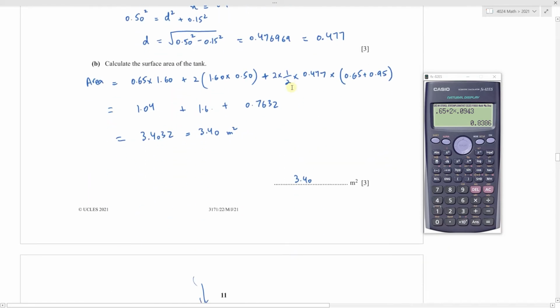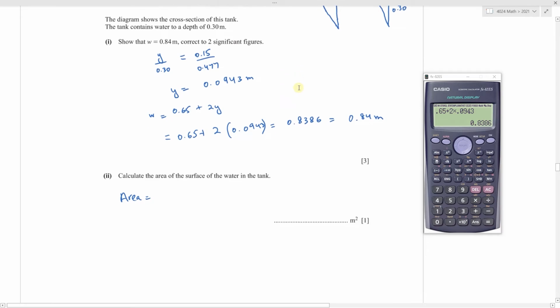So your area is basically W multiplied by 1.60. W is 0.84 multiplied by 1.60, which is 1.344, or 1.34 meter square if you want to write it up to three significant figures.